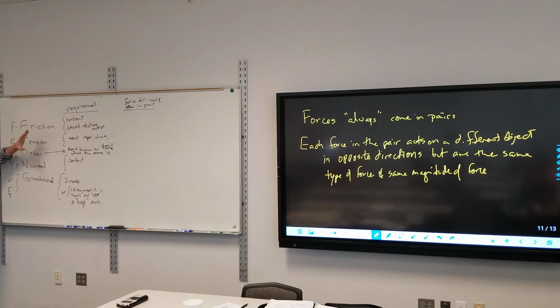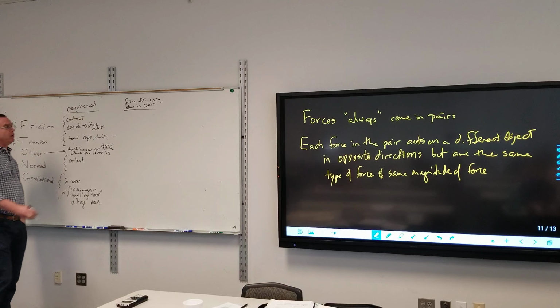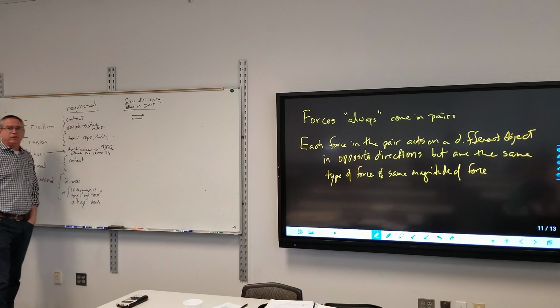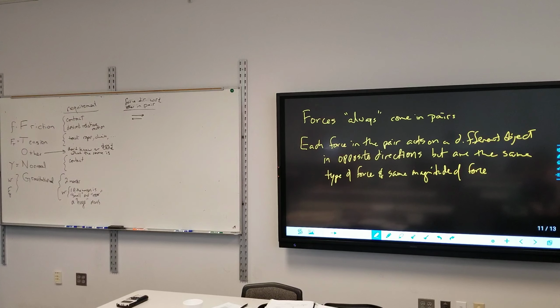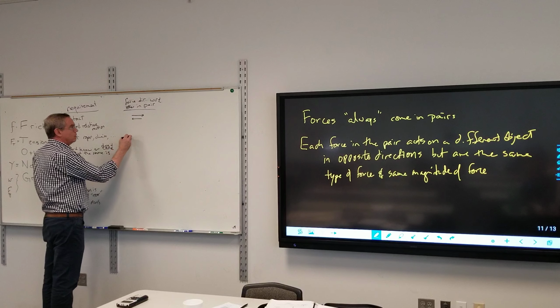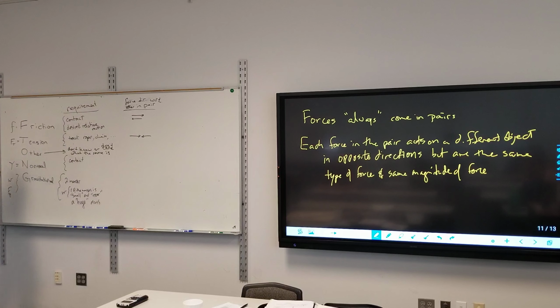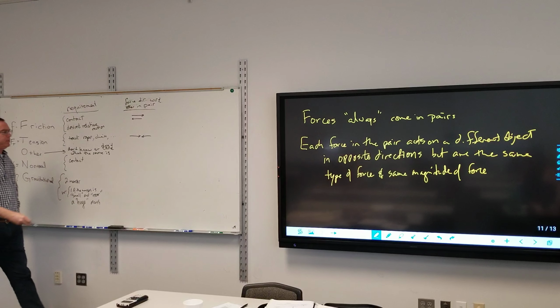What I mean by drawing the pairs will become probably brutally obvious when we start doing the force diagrams. But if I have friction, the pair of forces will be anti-parallel to each other, sort of side by side. Pair of tensions will always point towards each other. Other is problem dependent.